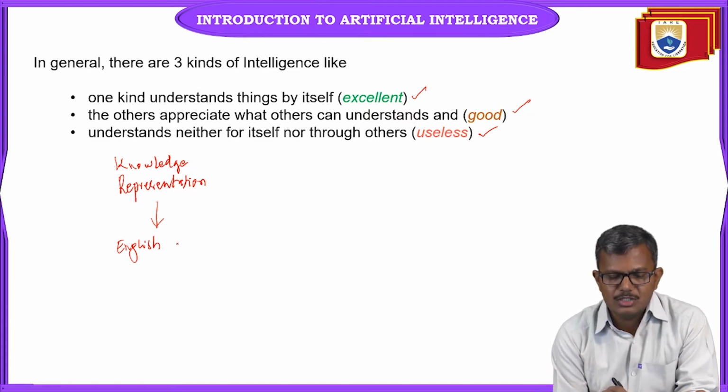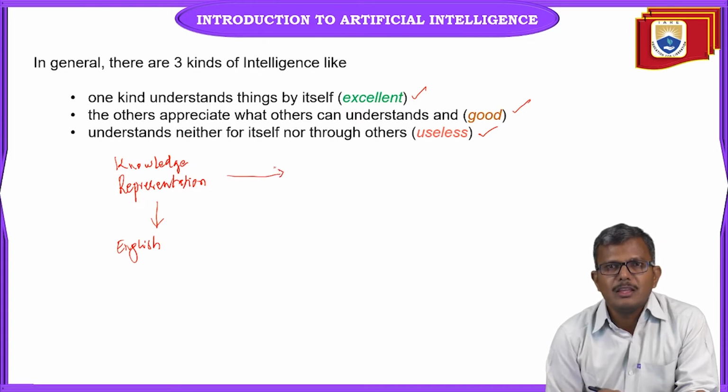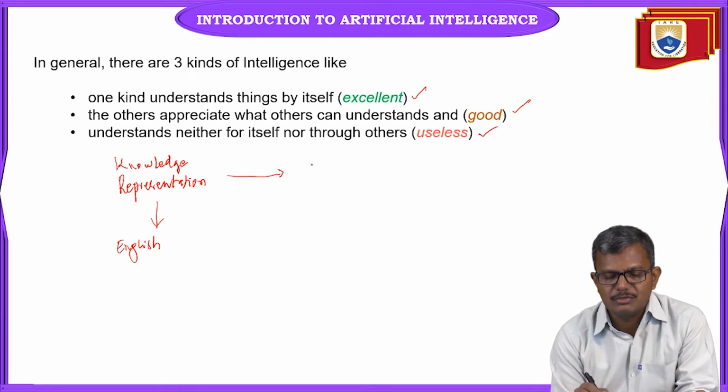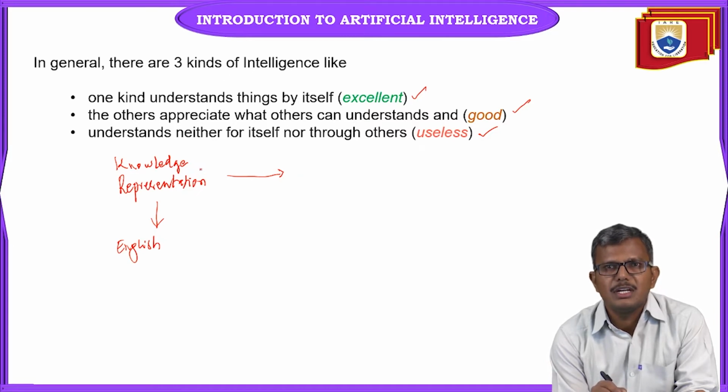So if this knowledge is directly understood by anybody, then we can say that such knowledge is excellent knowledge. Or otherwise, whatever knowledge you have represented here, if it can be directly applied to a specific problem to get a solution, then we can say that it is an excellent one.